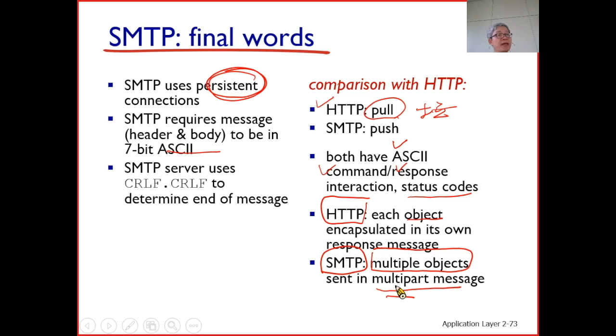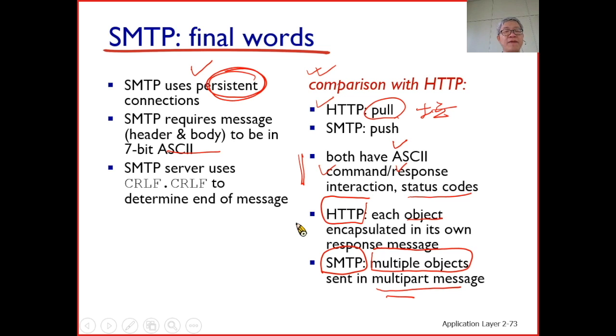So finally, make it simple. SMTP uses persistent connection. Of course, it's TCP. And if we want to have the comparison, SMTP pushes email, and the same as HTTP, they are ASCII tasks with the command response way to exchange messages, and we have status codes for sure.